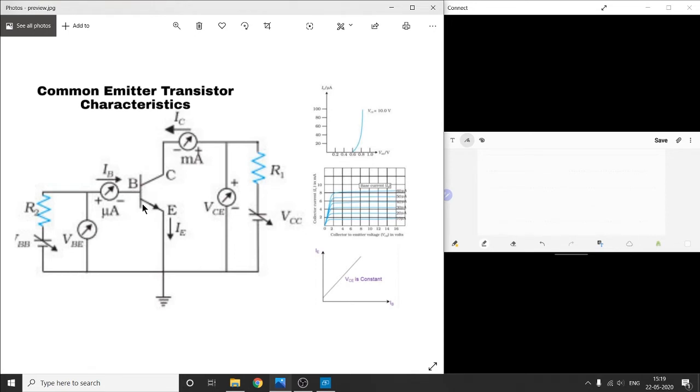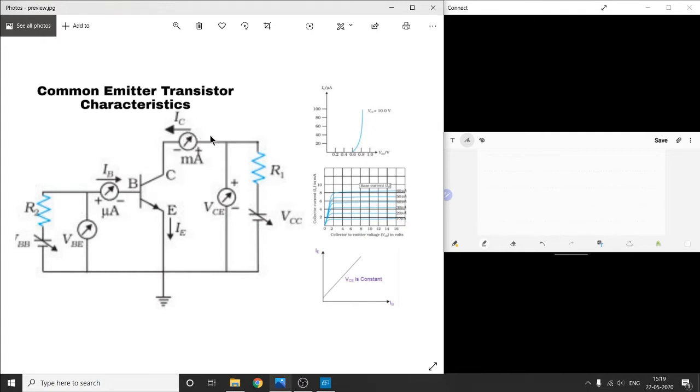Because it is a common emitter transistor, you have to connect the emitter to ground. As far as the collector is concerned, you have to measure the collector current, so you have to connect the milliammeter in this way. Here the polarity of the milliammeter is shown, minus and plus. This milliammeter will show you the collector current.